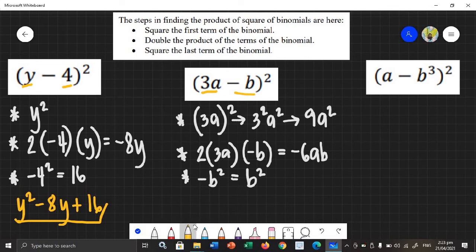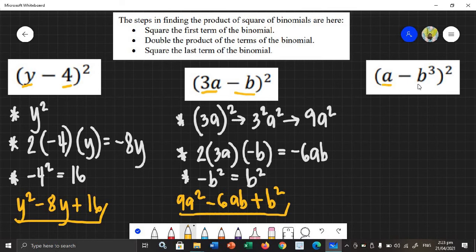And then, combining these products, we now have 9a to the second power minus 6ab plus b squared. Again, trinomials yung product na makukuha nyo sa square of binomials. And then we have our last example.